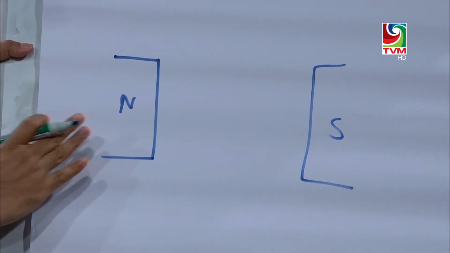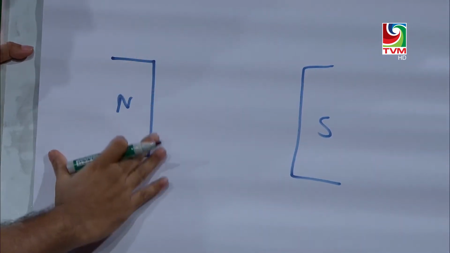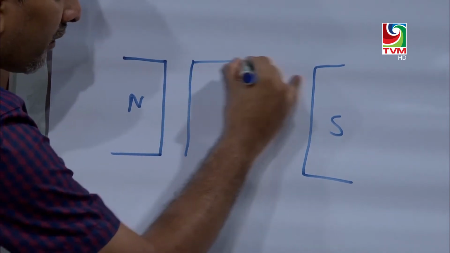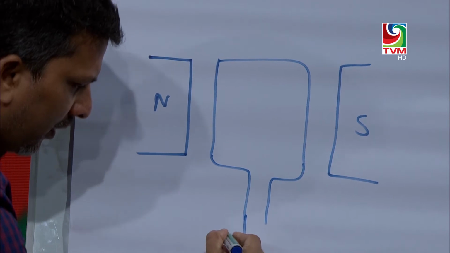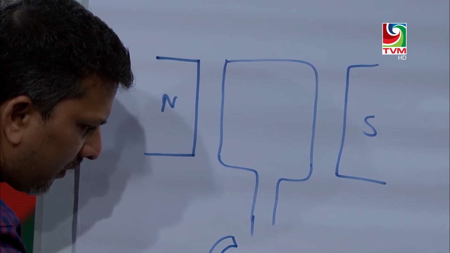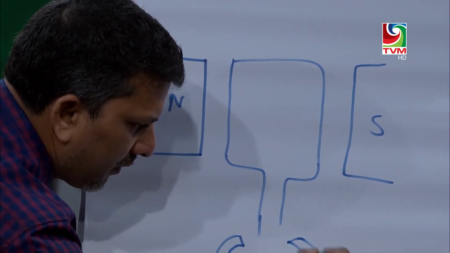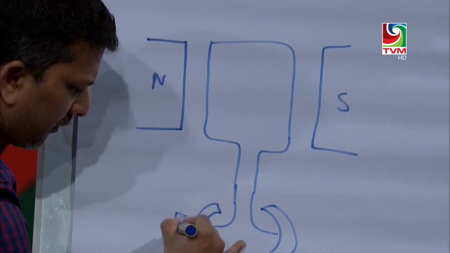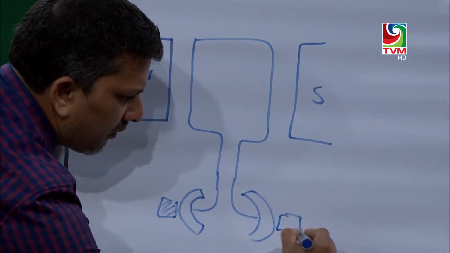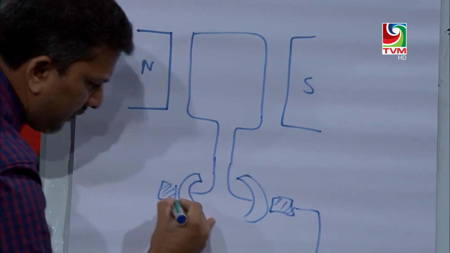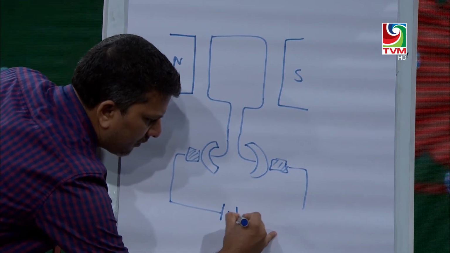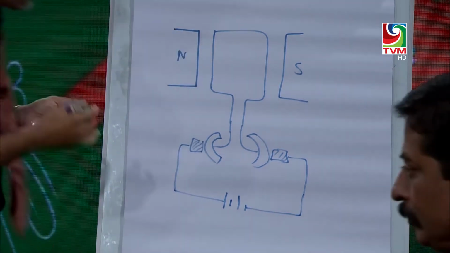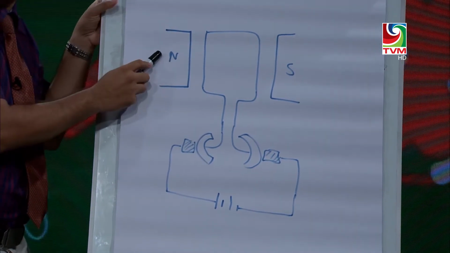In a DC motor, first there are magnetic poles, then there is a coil. These are the main parts of the DC motor.